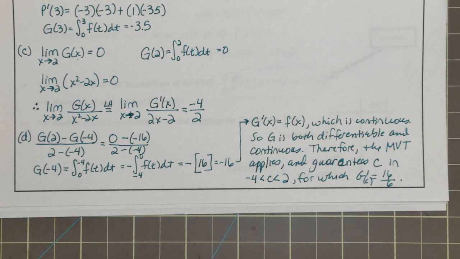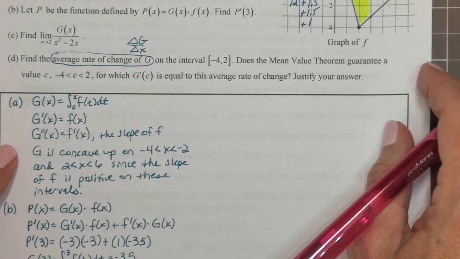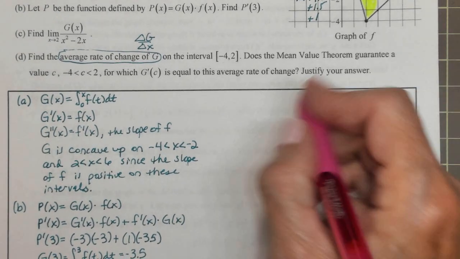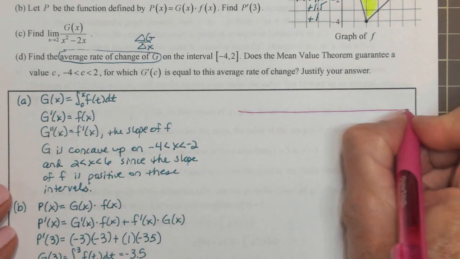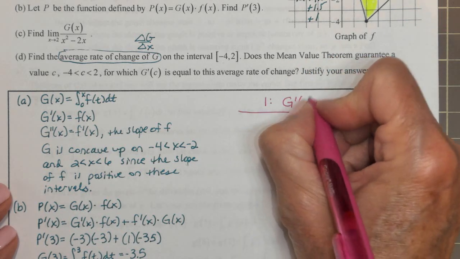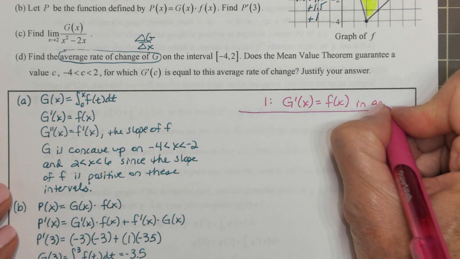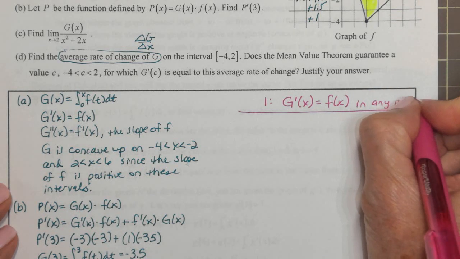Alrighty. Okay. How was this one scored? Let's look at scoring here. Before they even got to part A, they said 1 point is awarded for saying that G prime is equal to F in any part of the response.